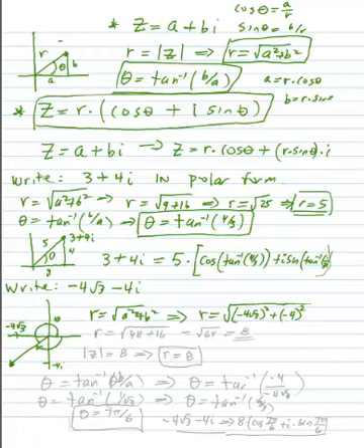And when you simplify, you get 16 times 3 is 48, and 4 squared gives us 16. So 16 plus 48 is 64, and the square root of 64 is 8. The modulus of that complex number is 8, and that is our directed distance in polar form.